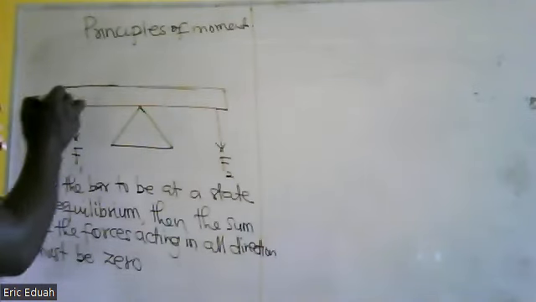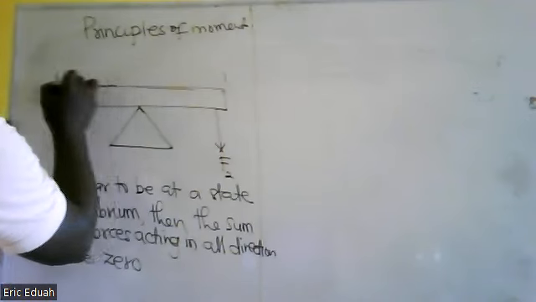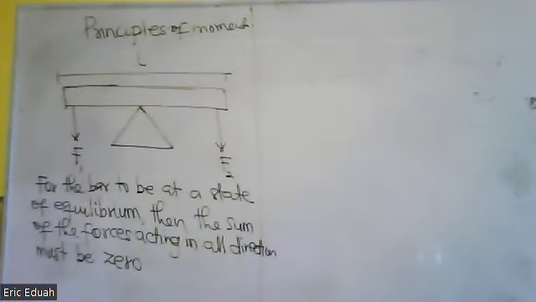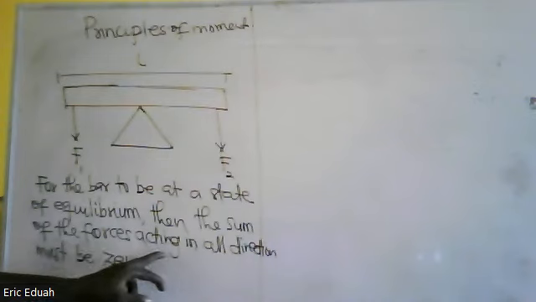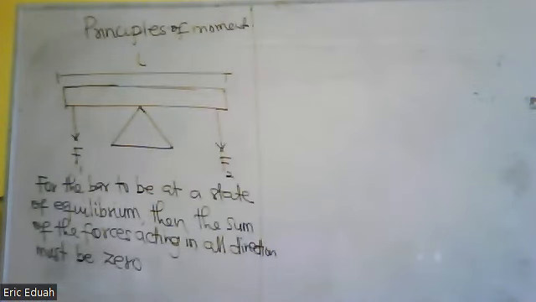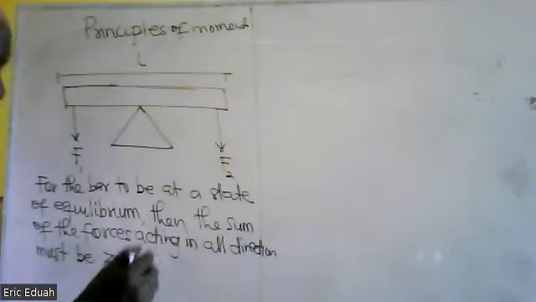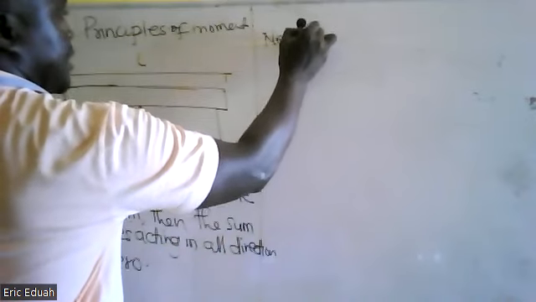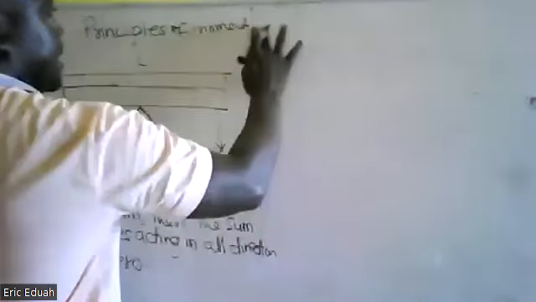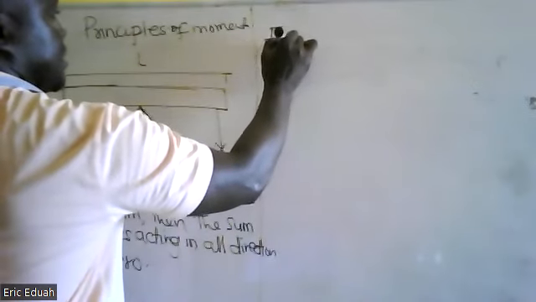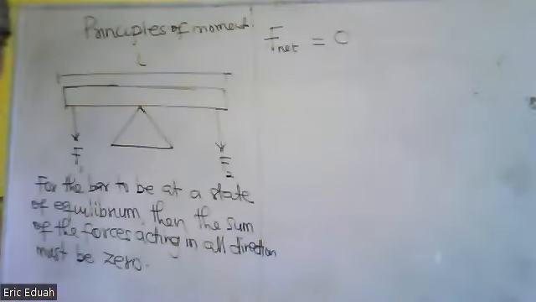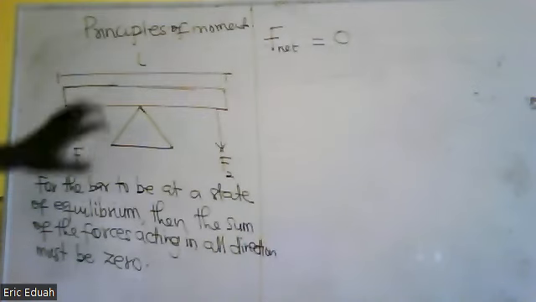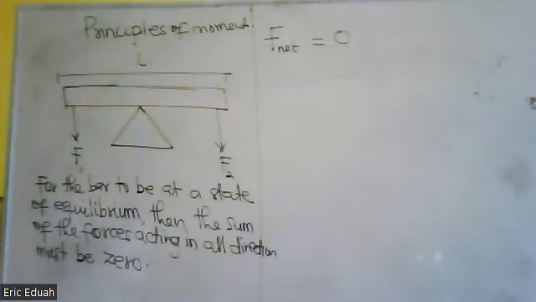So for the bar of length L to be at equilibrium, all that we are saying is that the sum of the forces acting in all directions must be equal to 0. Or we say that the net force, F net, must be equal to 0. The net force acting on the body must be equal to 0.